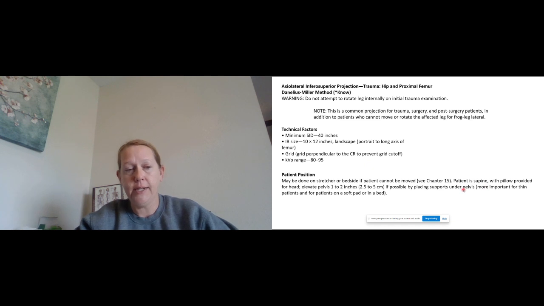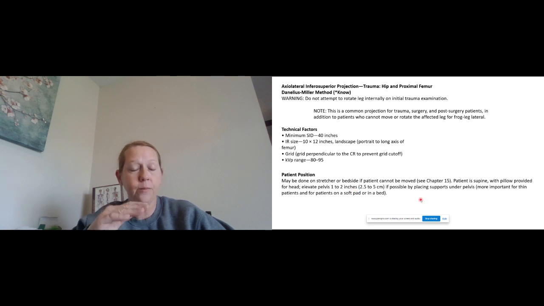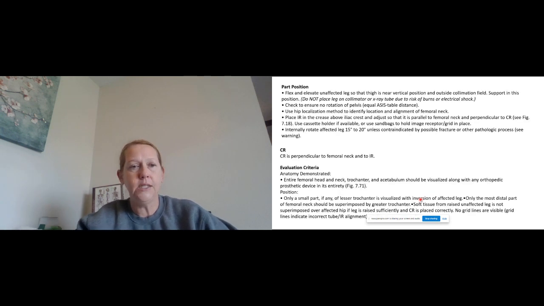The patient is laying down, and you've got to elevate the pelvis about 1 to 2 inches if possible. If you think about it, we can raise the bed, we can lower the bed, and I'm talking about a stretcher. Or we can raise the bed in the room, lower the bed in the room if you have a tube head that can come around. I'm going to tell you this right now.